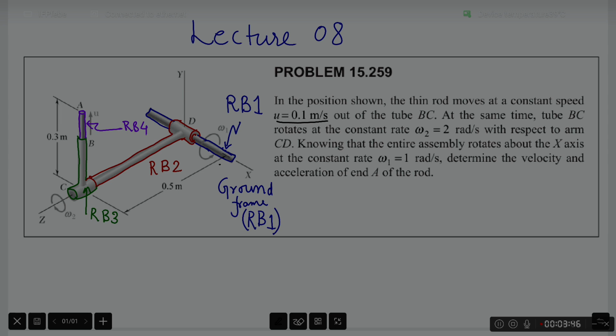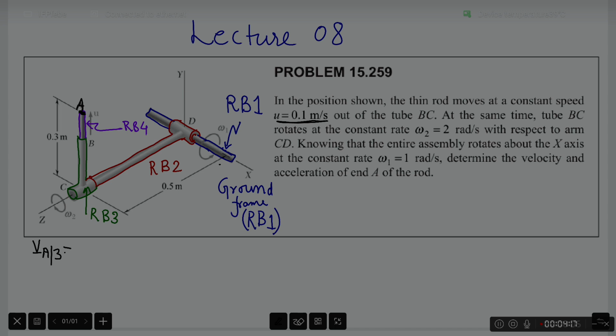So if we follow our notation, this particular information can be expressed in mathematical terms as VA3. This is point A here. Point A is the tip of RB4.